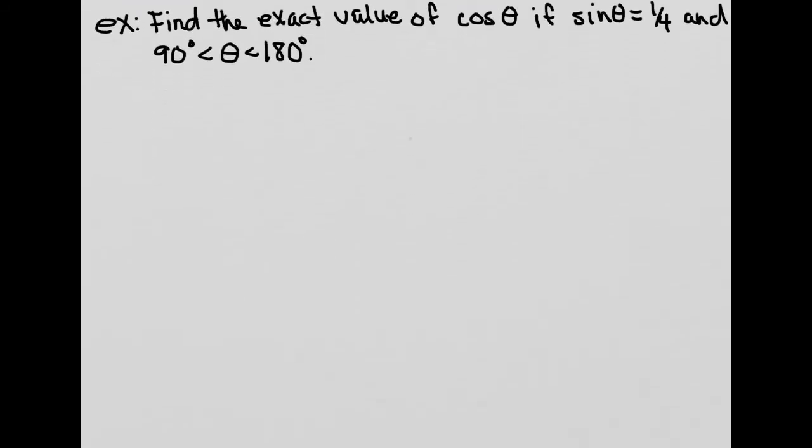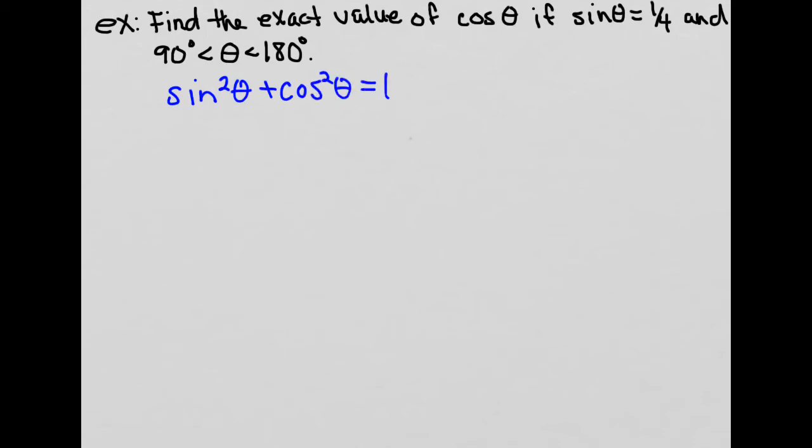We want to find the exact value of cosine theta if we know sine theta is 1/4 and theta is between 90 degrees and 180 degrees. So because we're dealing with cosine and sine, we can go ahead and use that Pythagorean identity, the basic one with the sine and the cosine. So we have sine squared theta plus cosine squared theta equals 1.